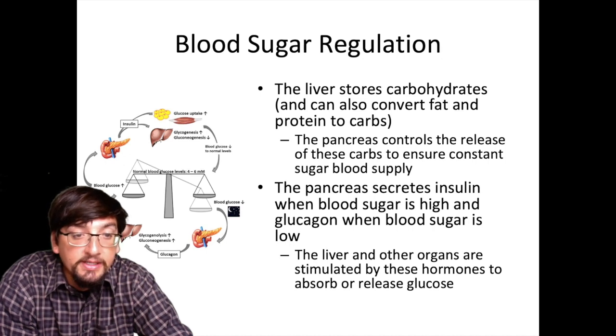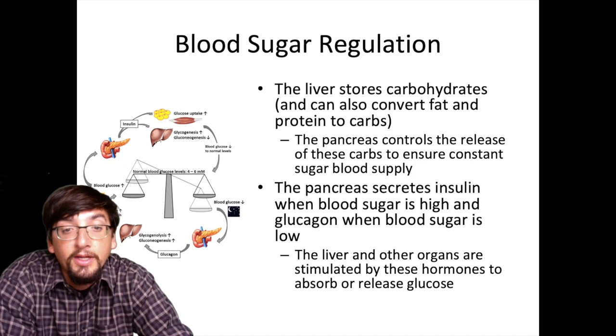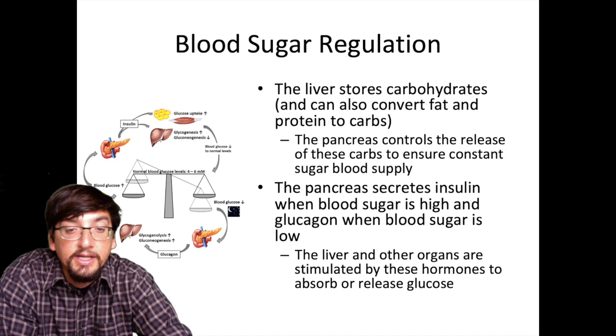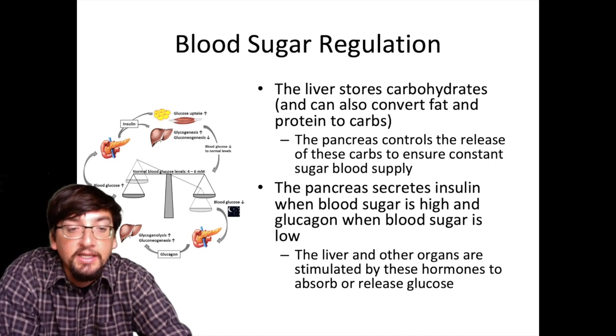If you don't know how bad it is to have high blood sugar, ask someone who has diabetes what it's like to have their blood sugar go really high. They feel really awful. You can actually lose fingers, you can actually lose eyes because all of that syrup clogs up small capillaries, all kinds of bad stuff.